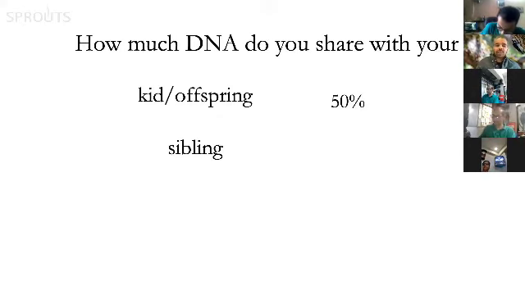And similarly, because your direct siblings or your real brothers and sisters are also the biological kids of your mother and father, you share 50% of your DNA with your brother or your sister.